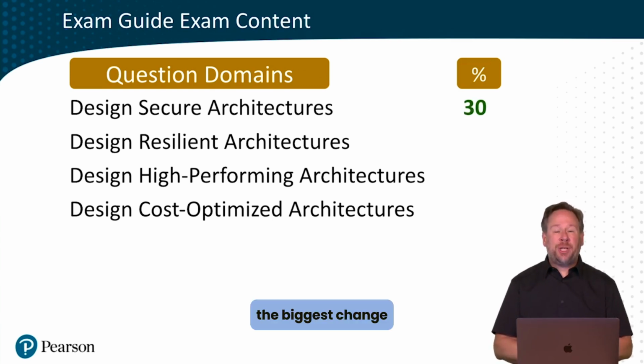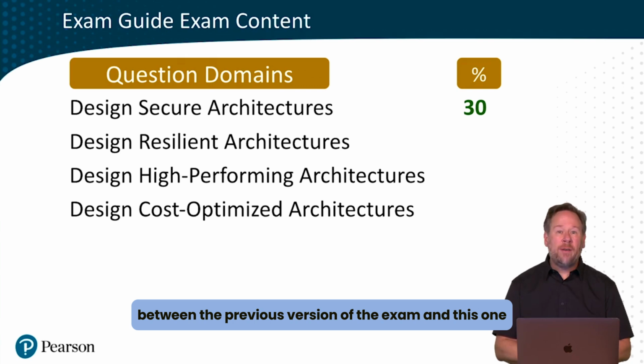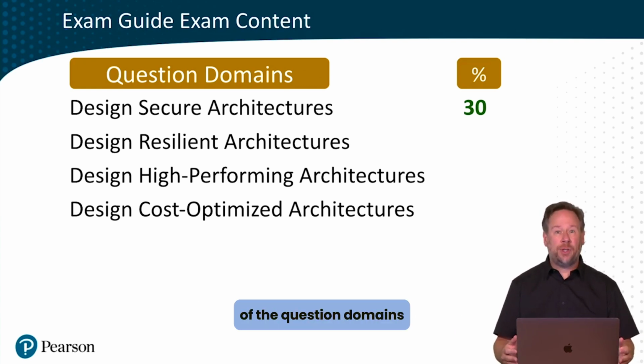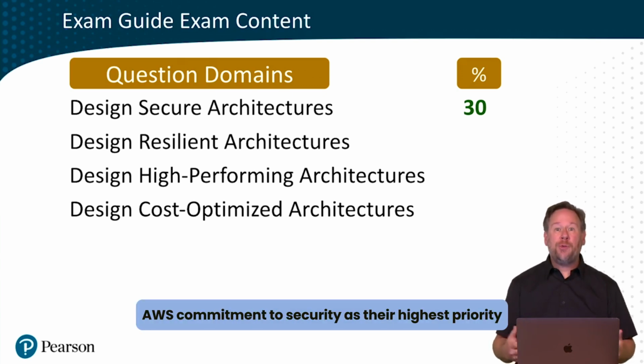The biggest change between the previous version of the exam and this one is that security is now front and center with the highest percentage of any of the question domains. This follows exactly the AWS commitment to security as their highest priority.